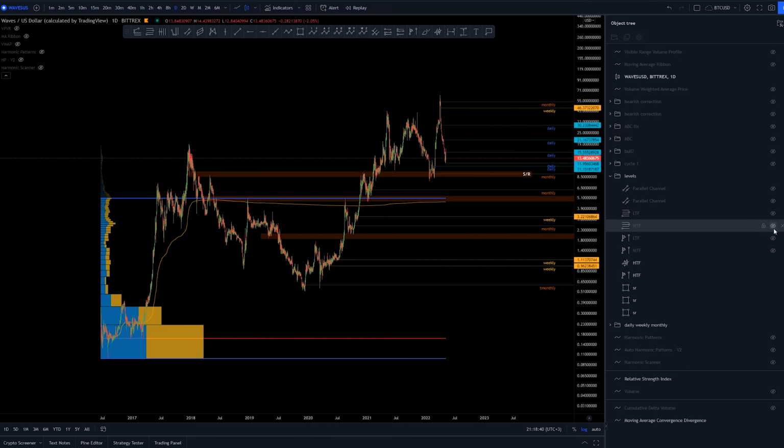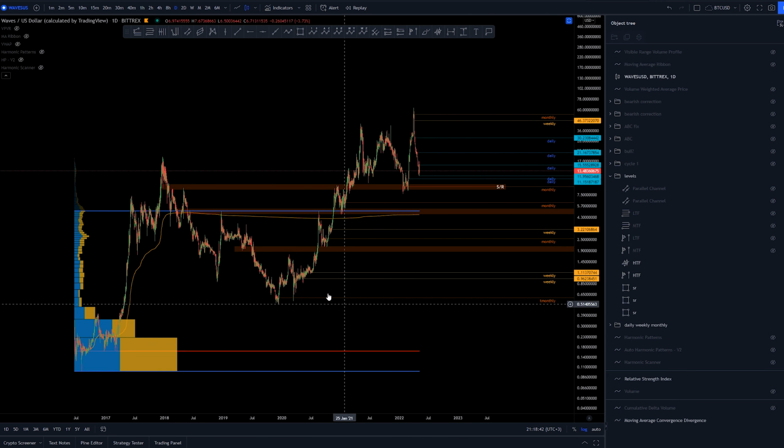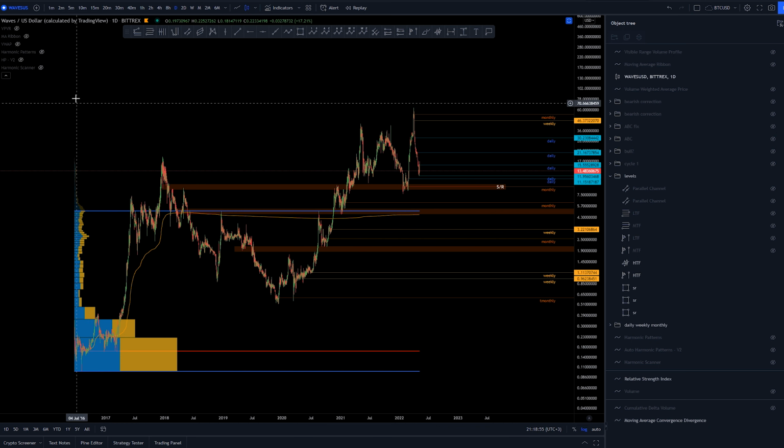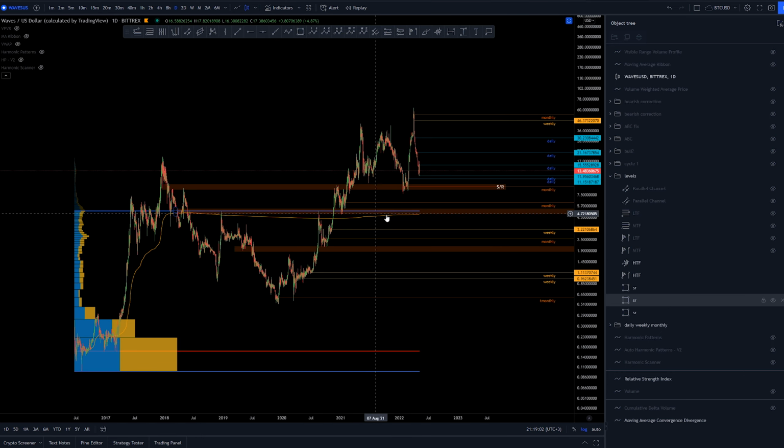Overall, at least on Bittrex, as they had the most volume traded here at the start, everything after that point is pretty much negligible and not really worth wasting our time on.